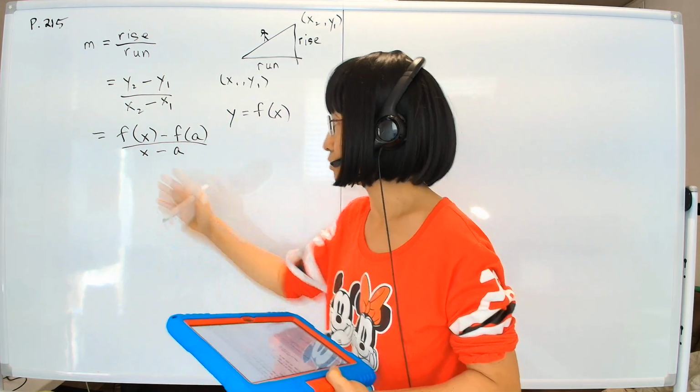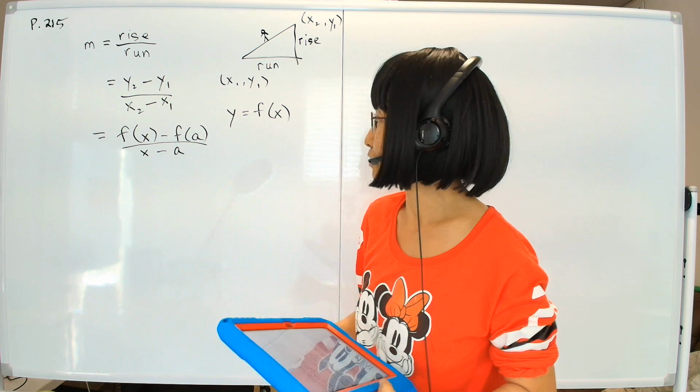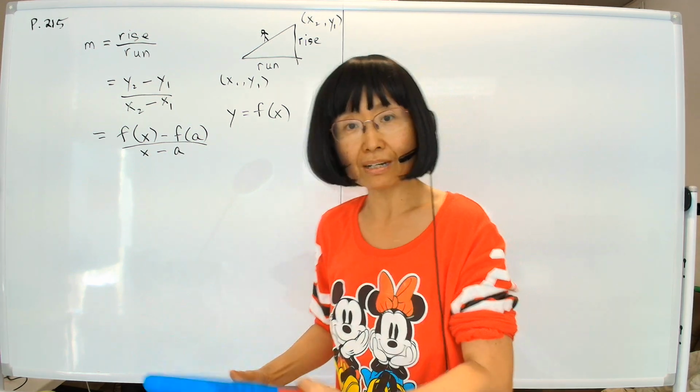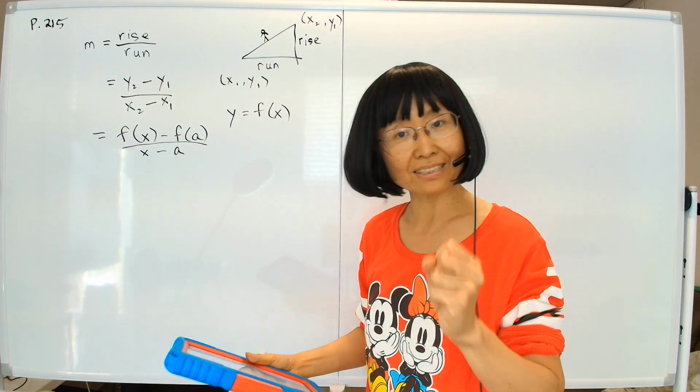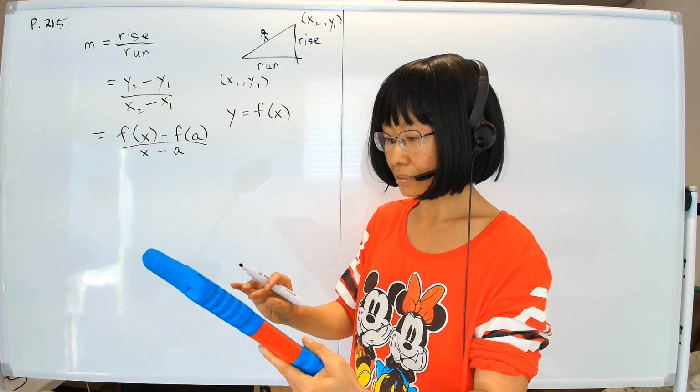You just have 2 points, and you can call them whatever. We have called it different things, but remember, a rose by any other name in math is just as sweet. It's the same thing. And so that is the slope.